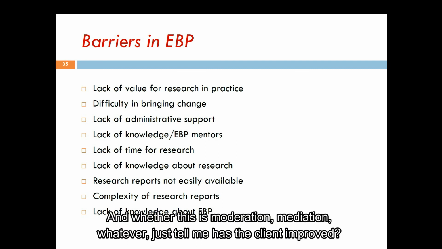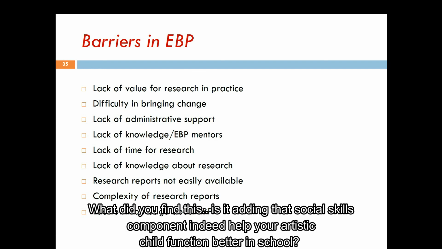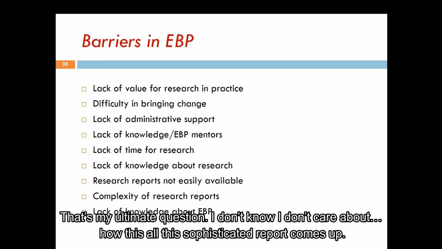Whether this is moderation, mediation, or whatever, just tell me, has the client improved? Did the symptoms subside? What are the factors influencing? What did you find? Does adding this social skill component indeed help the autistic child function better in school? That's my ultimate question.